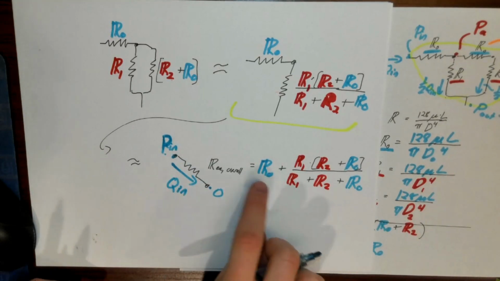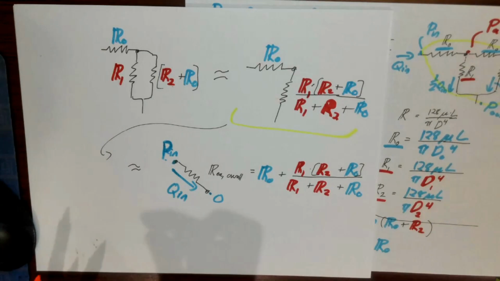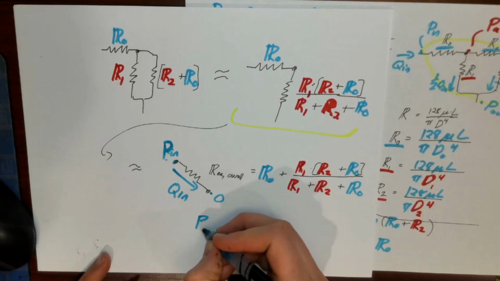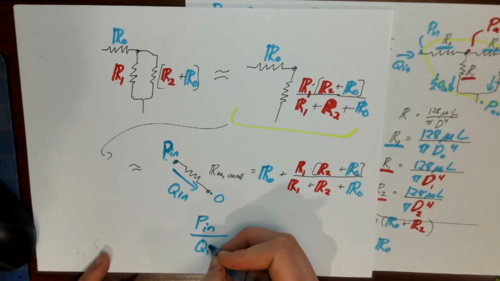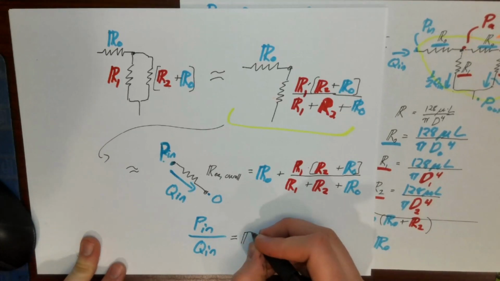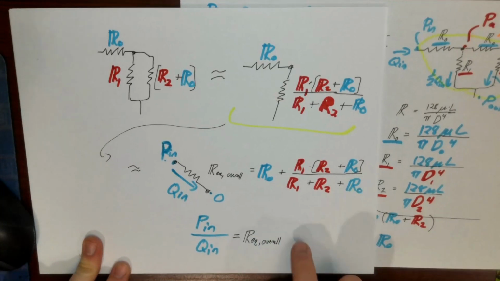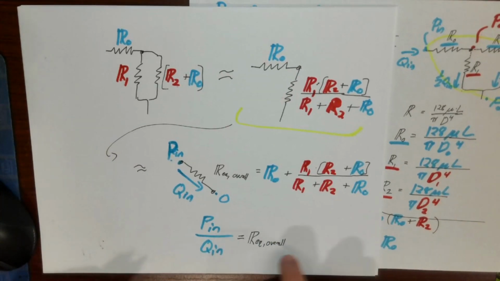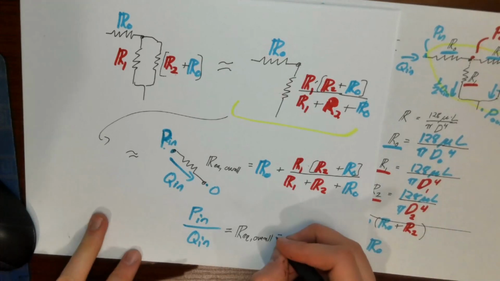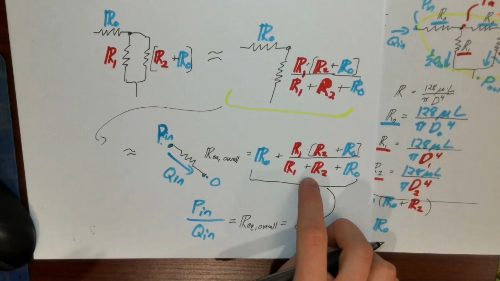So we can reformulate Ohm's law, where P in over Q in is now equal to our equivalent resistance overall, where I just brought our volumetric flow rate over to this side, and that's equal to this right here.